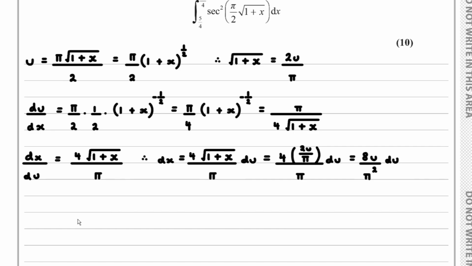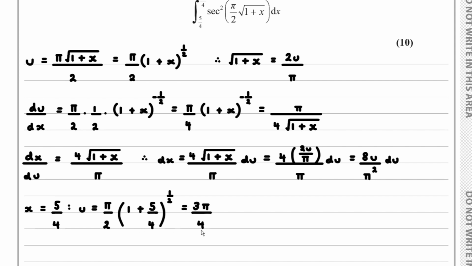We have a lower limit when x is equal to 5 over 4, and with that we can find the corresponding u limit. When x is equal to 5 over 4, we have u equal to pi over 2 multiplied by (1 plus 5 over 4) to the 1/2, which simplifies to 3 pi over 4.